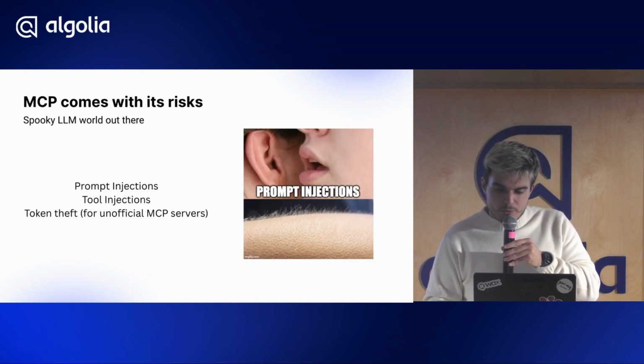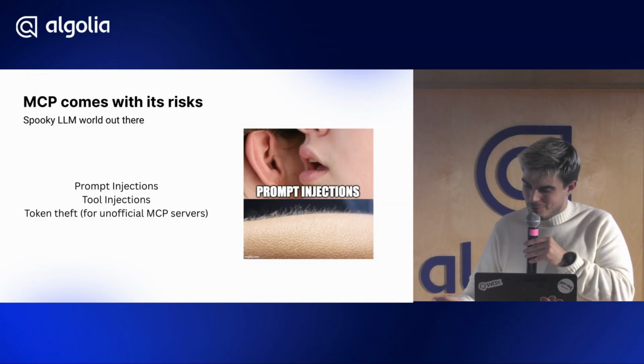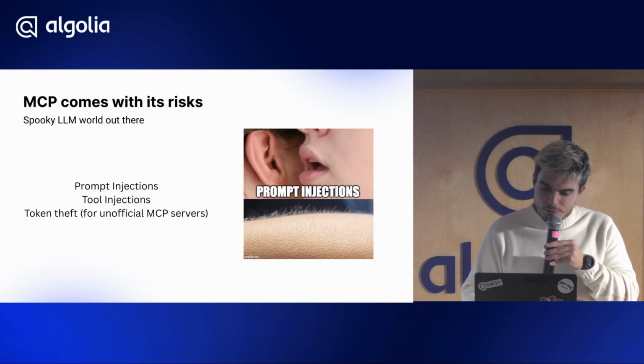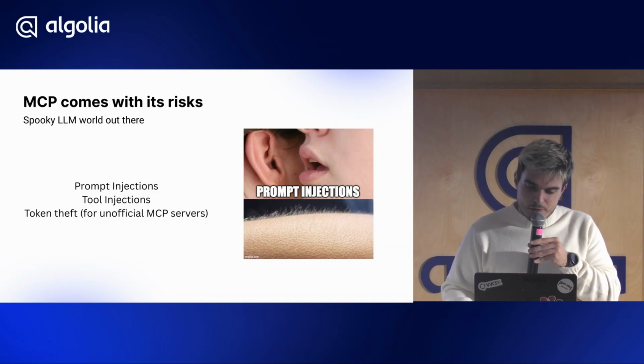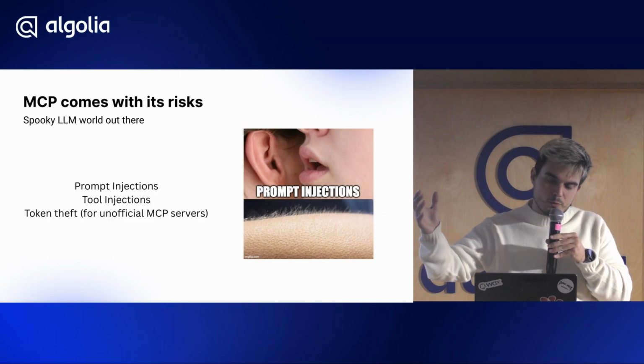And also there are some dangers that come with it, if you take into consideration prompt injections, tool injections, and token theft. So basically prompt injection is when you put some stuff in the context that will pollute the context of the person that calls you.